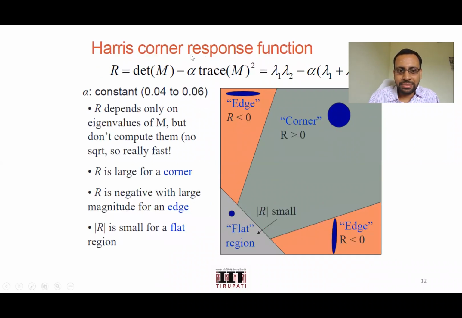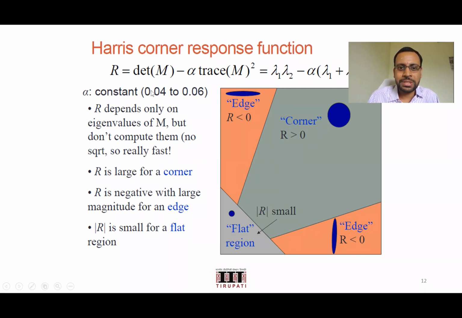Well, they defined a metric here, which is now known as the Harris corner response function. Perhaps in their paper they referred to it as just a corner response function. Now that this has become quite popular, there are other response functions that were proposed after this work, and we will see a couple of them.